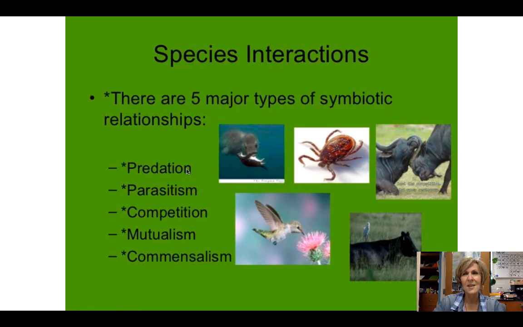So predation is definitely a plus minus, right? The predator is the plus and the prey is the minus. Parasitism is also a plus minus. So the parasite is the plus and the host is the minus, right? Competition is usually a plus minus, although sometimes competitions can end up being okay for both species.